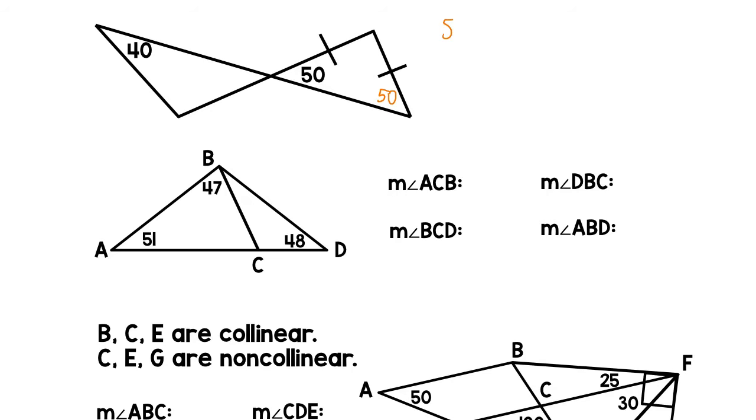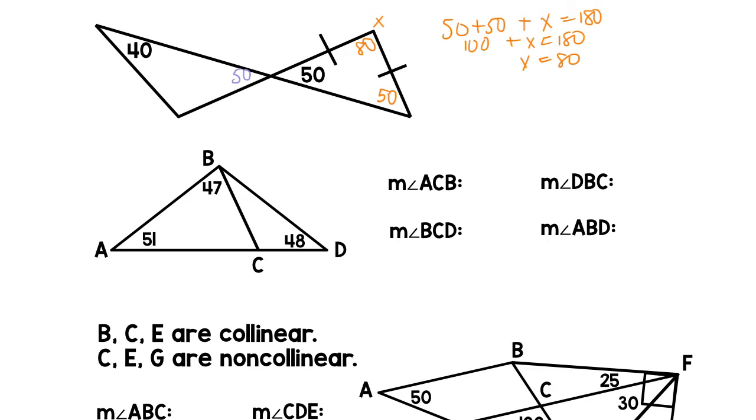So 50 plus 50 plus, let's call that angle X, is 180. That's 100 plus X is 180. That means X is 80. We also know that this angle has to be 50 because these are vertical angles.